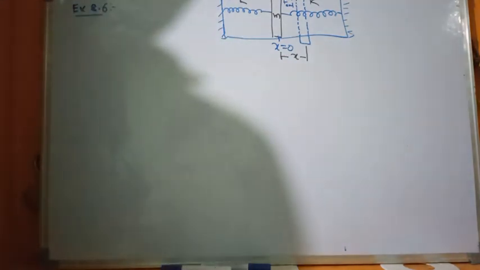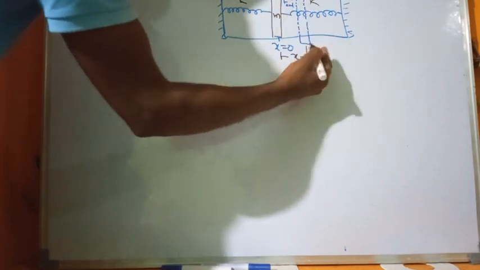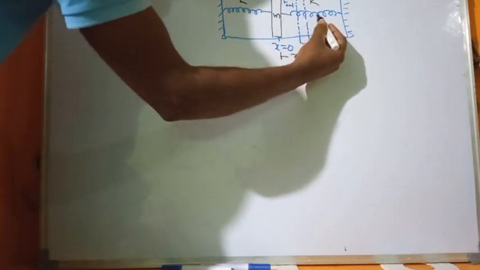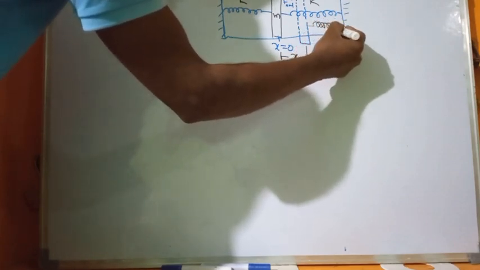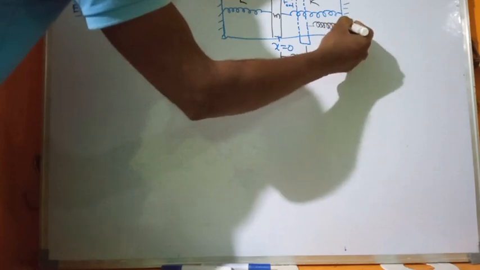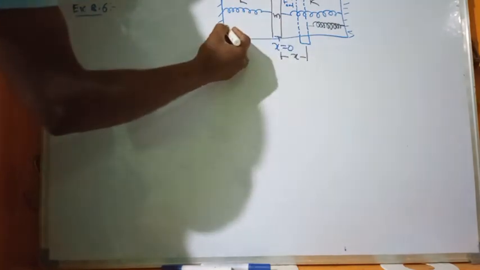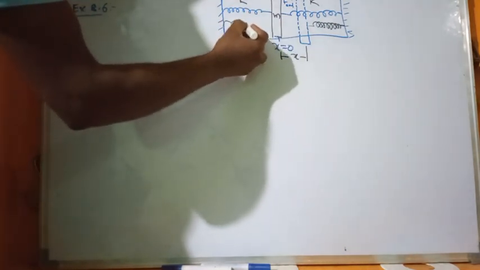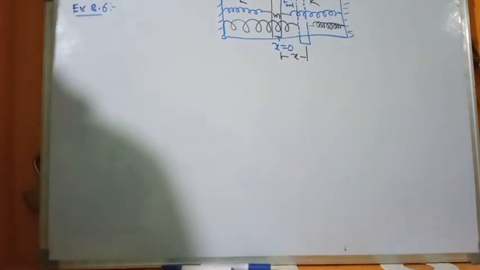By taking the block towards the right side, this spring is compressed like this, because the block is moving to this side, and this spring is elongated, which means there is some extension in the spring.